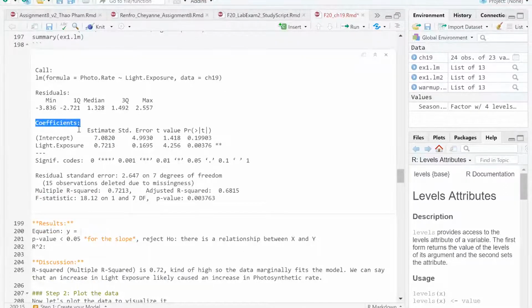Let's read through this. We've got coefficients, we've got intercept, and we've got light exposure. We have our estimate, our standard error, our t-value, and our probability that it is greater than the absolute value of t.